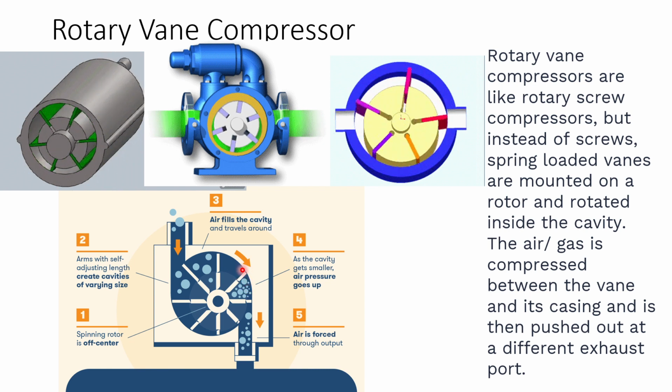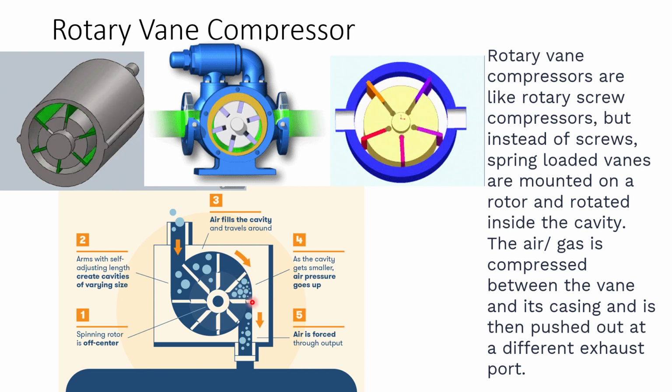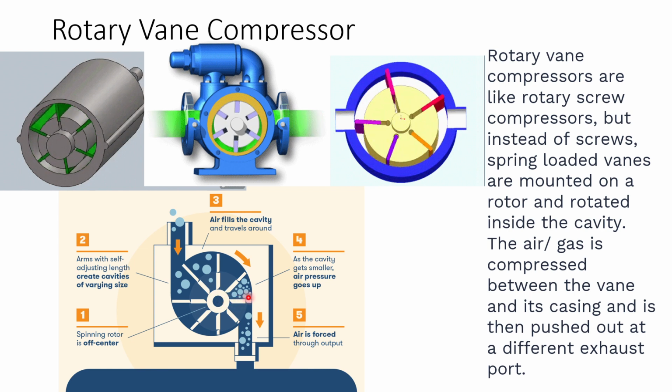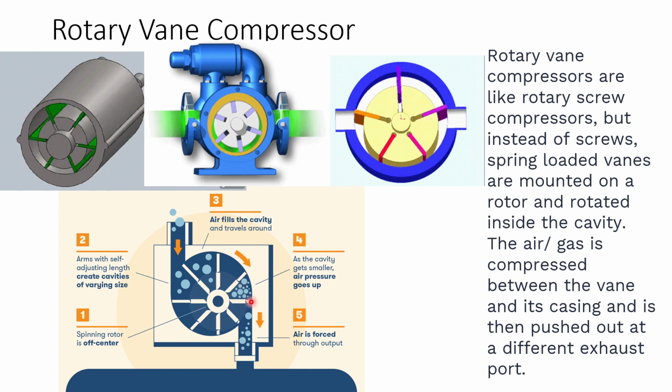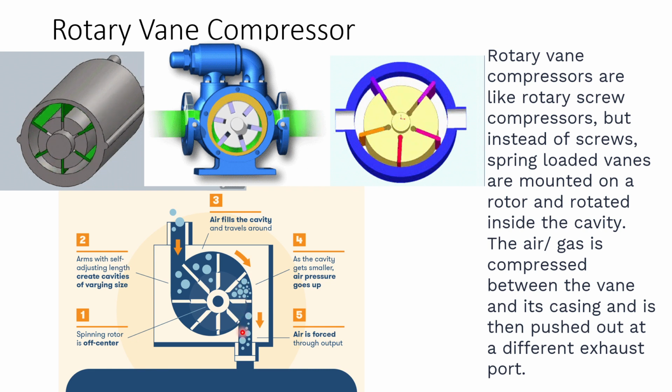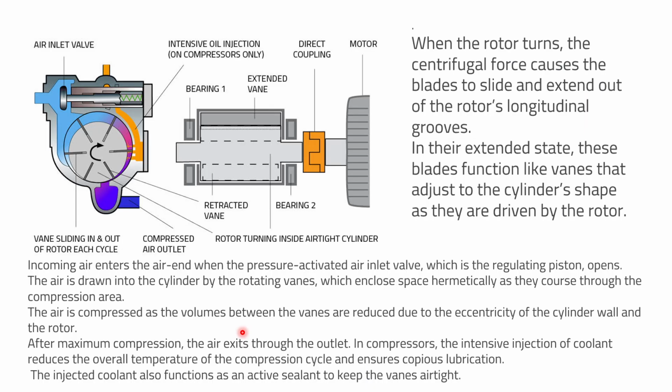When it is coming down, you see the distance between the rotor and casing is reducing, so the vanes are going inside, pressure is increasing, and the air is forced out finally.